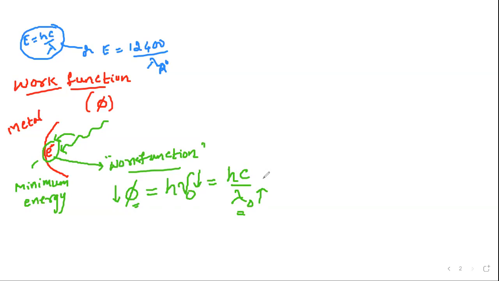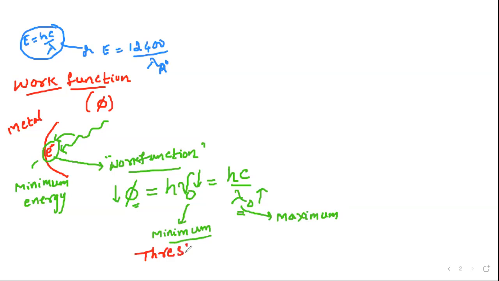So whatever the work function we are using, in that work function, the threshold frequency must be minimum, but the wavelength should be maximum. Remember, this minimum frequency is what we call the threshold frequency.